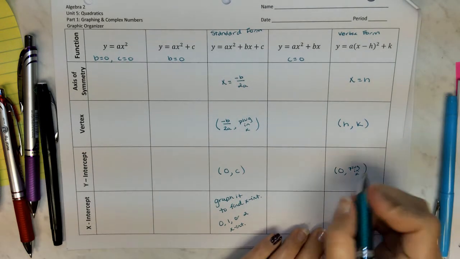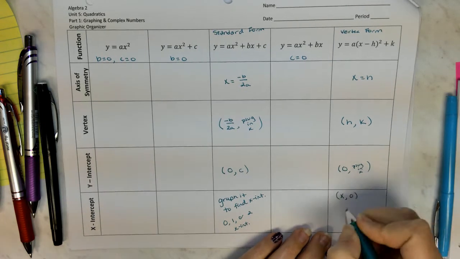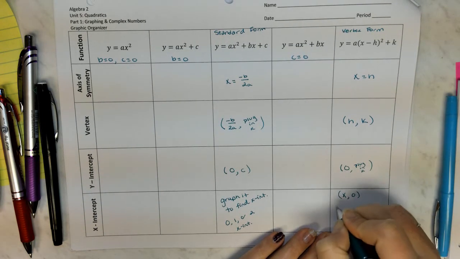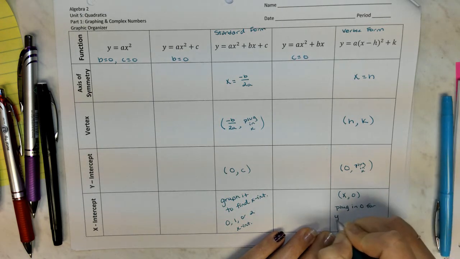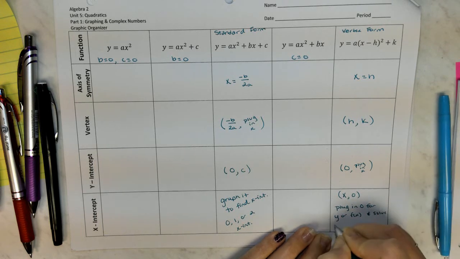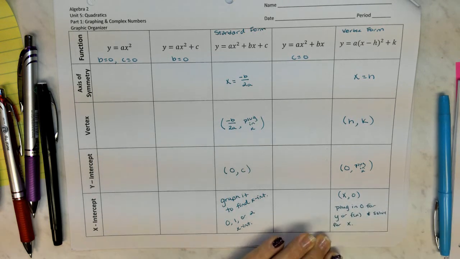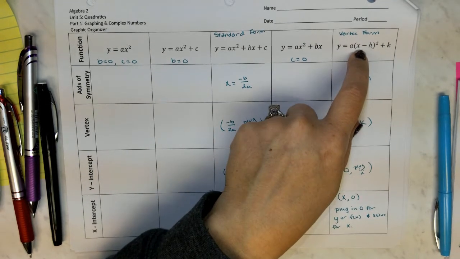Over here, though, we do know our x-intercepts are x, comma, 0. You can plug in 0 for y, or f of x, and solve for x. This one you can get x by itself because there's only one x term.